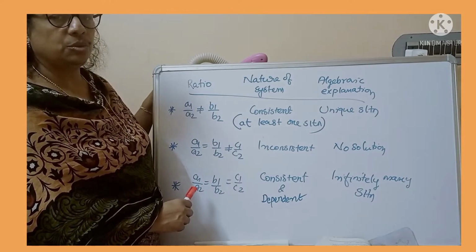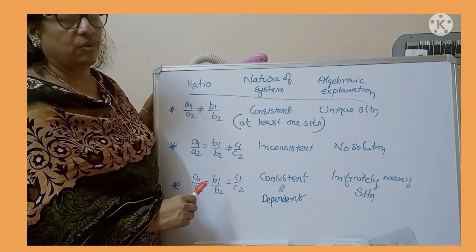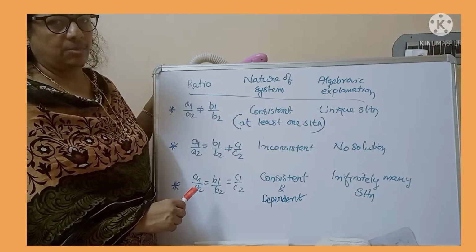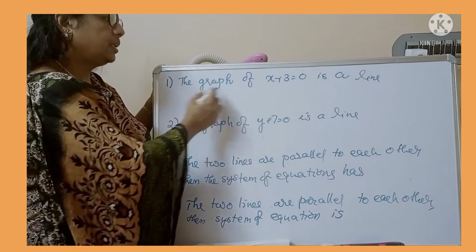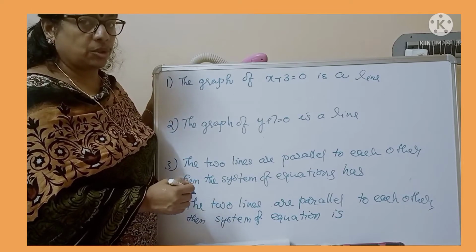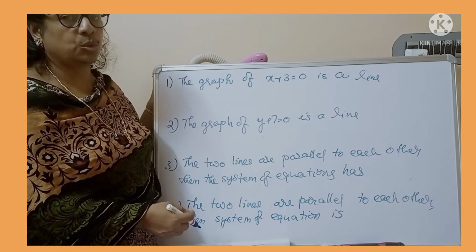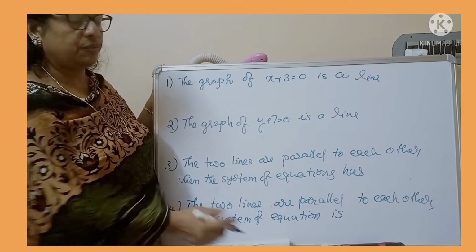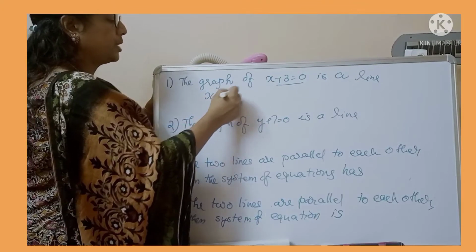Let us do some questions for revising this chapter. Let us look into the first one. The graph of x plus 3 equal to 0 is a line, whether it is parallel to x-axis or parallel to y-axis, that we want to find. Here x plus 3 equal to 0, so x is equal to negative 3.